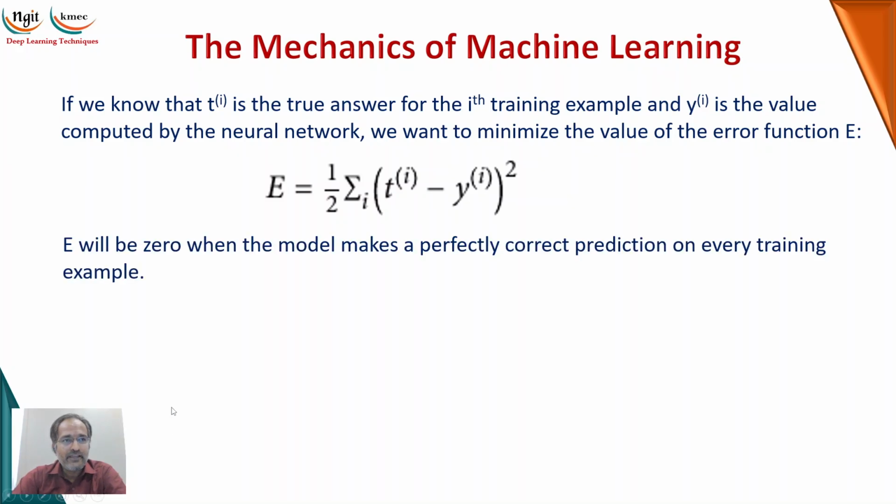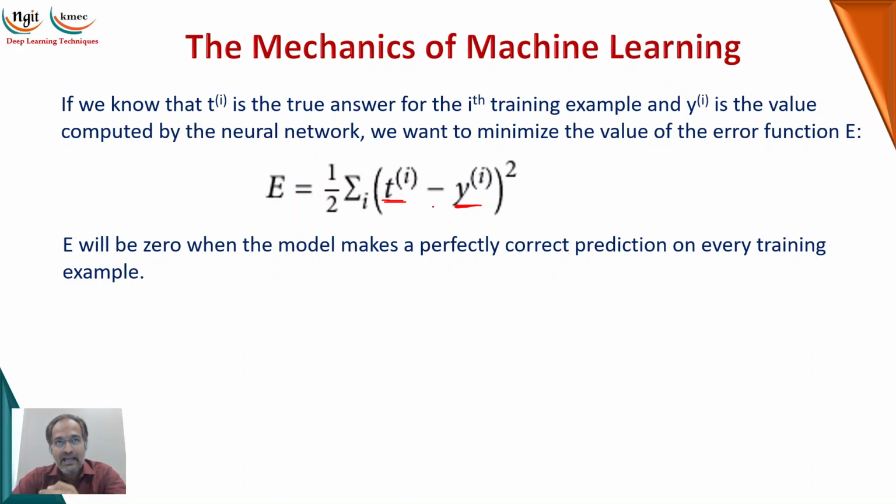So what are y and t? This y is the calculated value from our formula, our model, and this t is the original target, the original cost of the meal that was given in the data set.